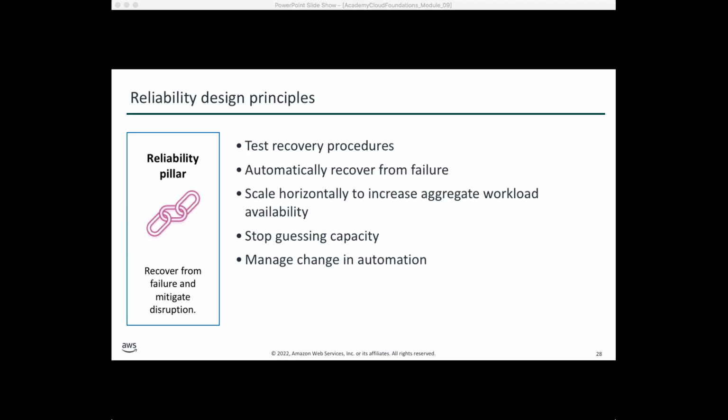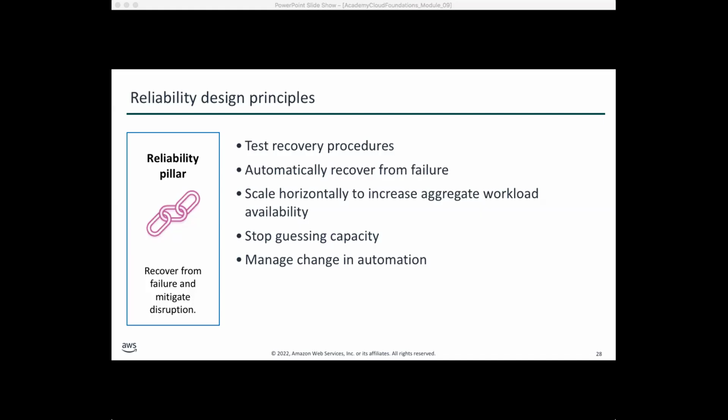Next is to scale horizontally to increase aggregate workload availability. The idea here is to replace one big resource with multiple smaller resources and distribute requests across these smaller resources. What will happen then? It will reduce the impact of a single point of failure on the overall system.